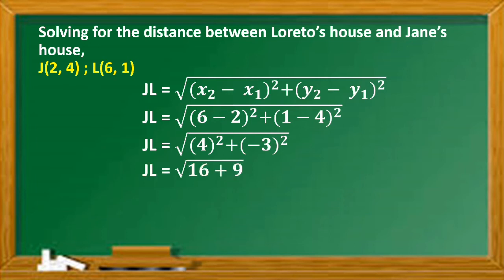The square of 4 is 16 and the square of negative 3 is 9. Getting the sum of 16 and 9, we will have 25. And the square root of 25 is 5. And each unit is equivalent to 1 kilometer. So Loretto will travel 5 kilometers to reach Jane's house.